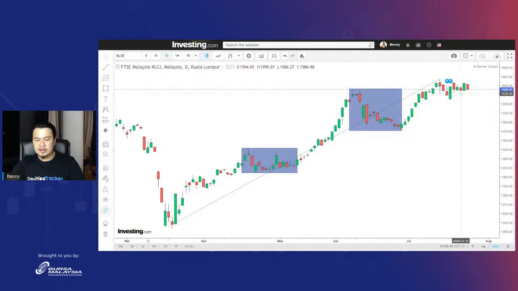So let's say this whole thing here is the first wave. Then we have another wave that starts from down here to here. This is the second wave, and that's the third wave.